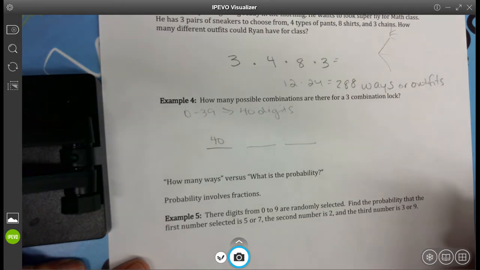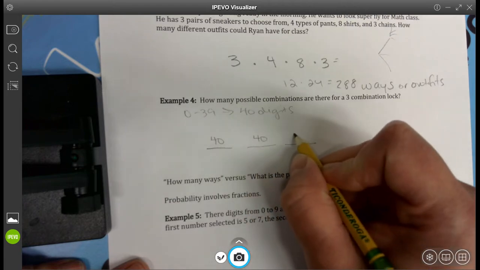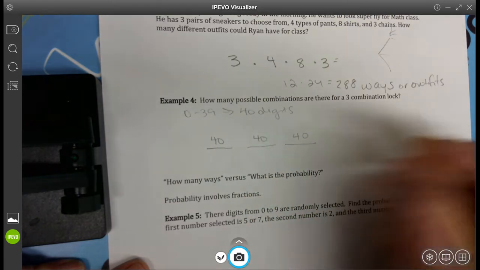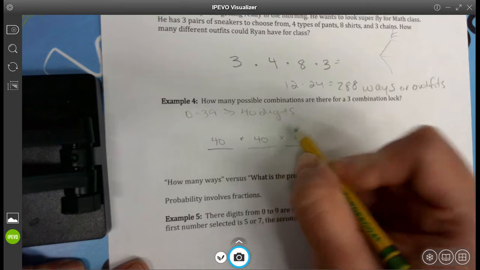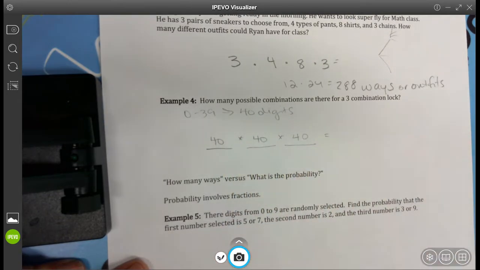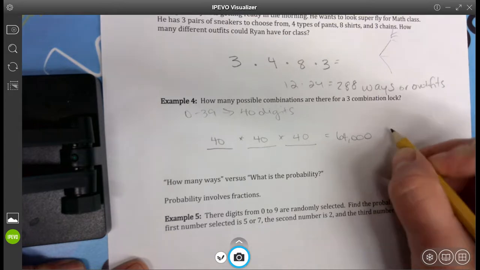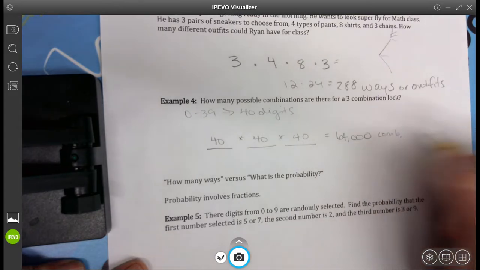We're allowed to repeat numbers. It didn't say we couldn't. So you have 40 options for your next number and 40 options for your next. If I multiply those ways together, because I'm doing something and then something and then something, then I have 64,000 ways or combinations.